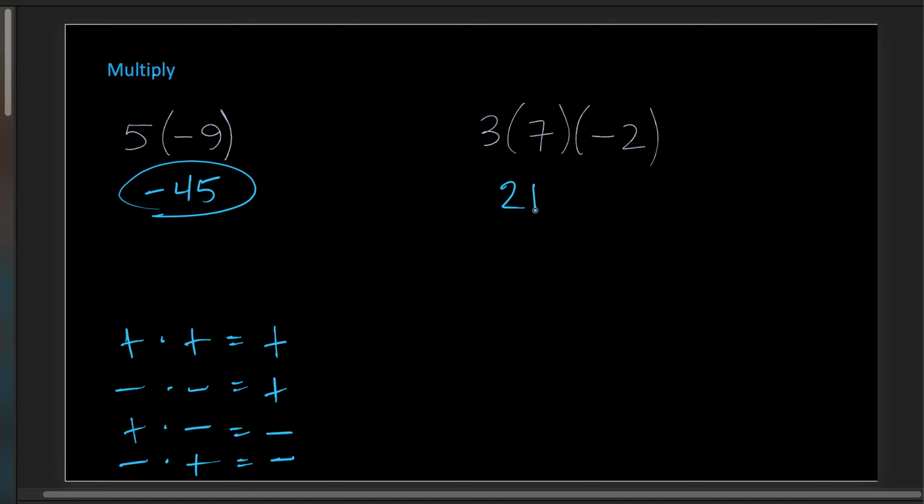That's just a positive 21. And then times a negative 2. And then we have a positive times a negative, so the answer is going to be negative. And that'll be negative 42. So you have problems like that with multiplication.